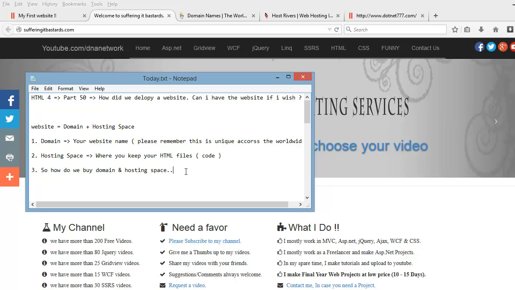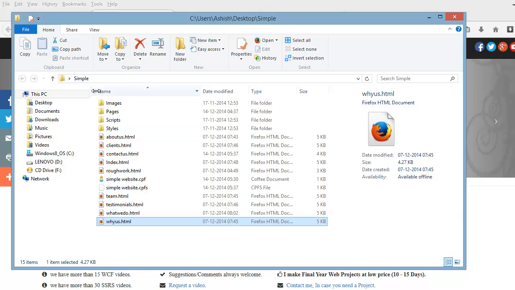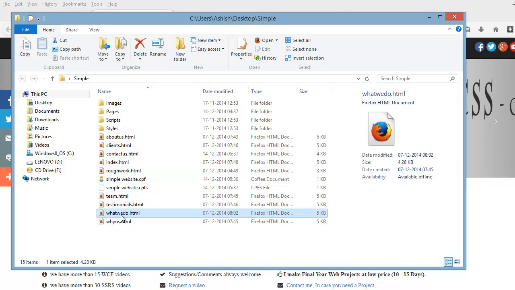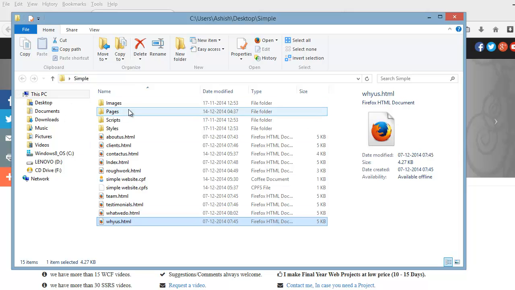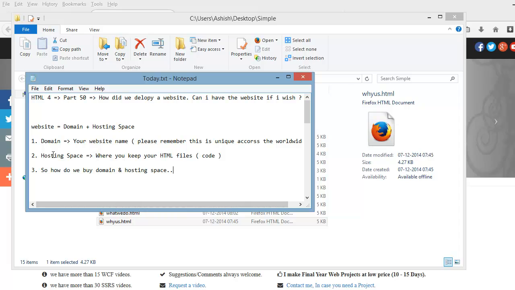In the past, if you remember, this is a website where we have done plenty of coding. We have coded all these pages. Now these pages need a space somewhere on a server, and that is called the hosting space. This is the place where you will be putting all these files.